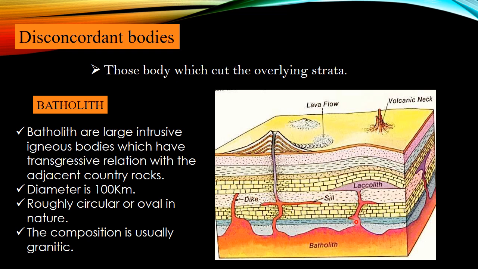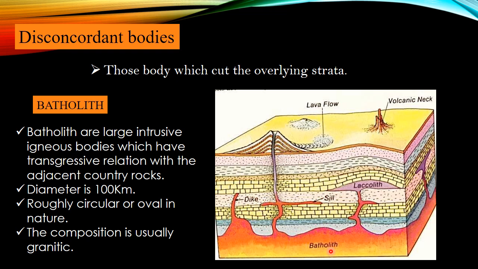Batholiths are large intrusive igneous bodies which have a transgressive relation with the adjacent country rock. So this rock formation is called the country rock or the rock strata, and this batholithic structure is approximately 100 kilometers, roughly circular in nature, and the composition of the batholith is totally granitic.